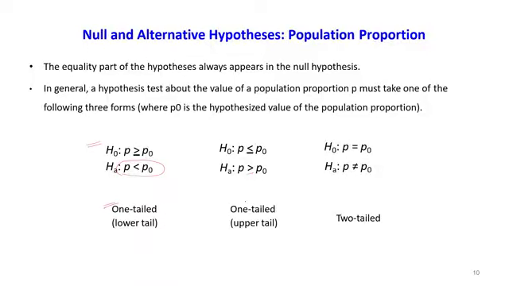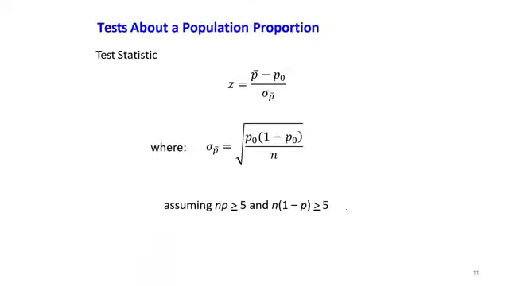If it is greater than, then it is an upper-tailed test. If it is not equal to, then it is a two-tailed test. So that's how you formulate your hypothesis. Once the hypothesis is formulated, here we do not have multiple scenarios as we have for the population mean test. Here we will go with only one single distribution, that is the Z distribution. No confusion. So no multiple scenarios. If we are going with the population proportion, by default we have to go with the Z distribution.